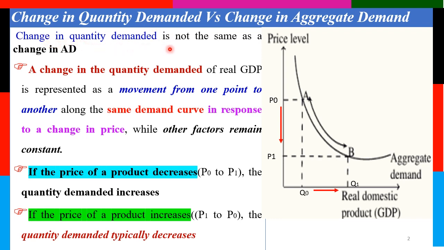Change in quantity demanded is not the same as change in aggregate demand. Change in the quantity demanded of real GDP is represented as movements from one point to another along the same demand curve in response to a change in price, while other factors remain constant.